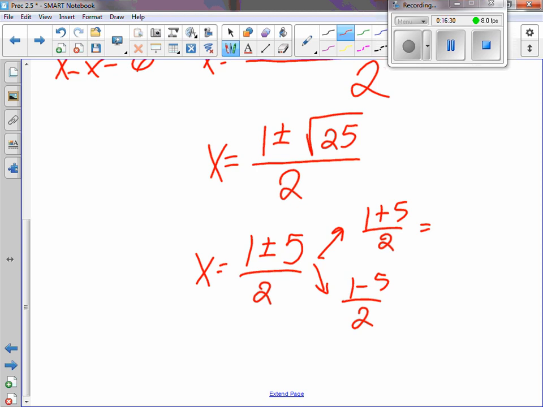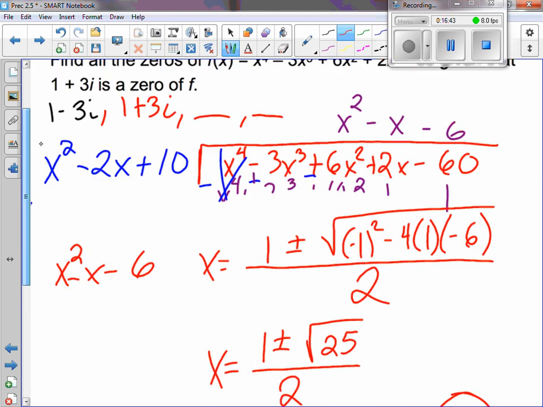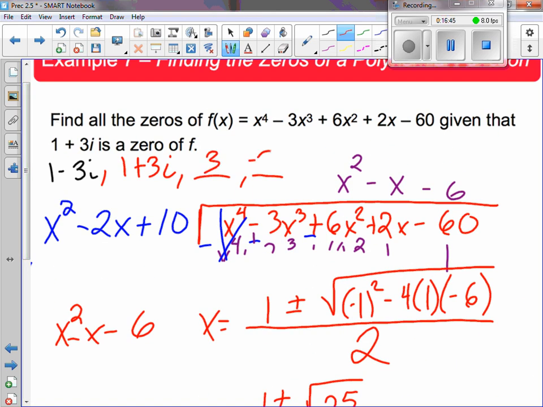Well, 1 plus 5 is? Divided by 2 is? 1 minus 5 is negative. Divided by 2 is? One, two, three, four. I got all 4.